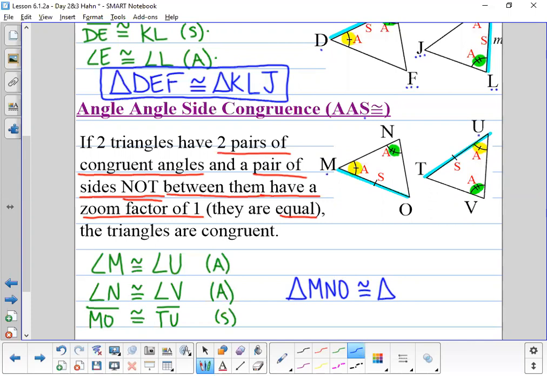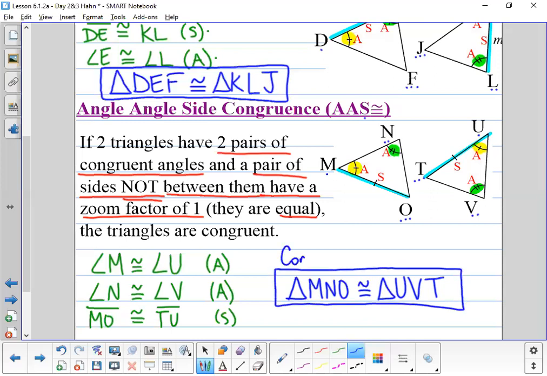M matches up with U. Those are the two congruent ones. Since M came first, I'm going to write U first. N, I wrote second. That matches up with V, so I'm going to write V second. And then O came third. It matches up with T, so T comes third as well. And there is my congruence statement.